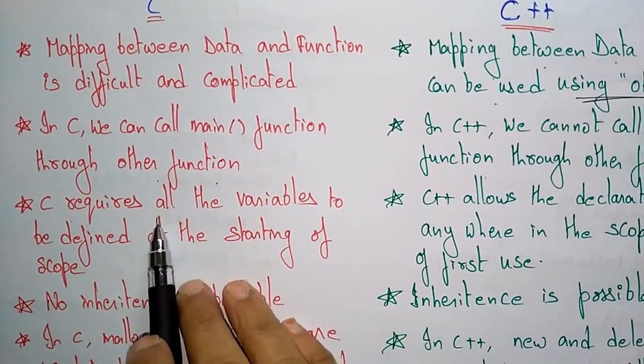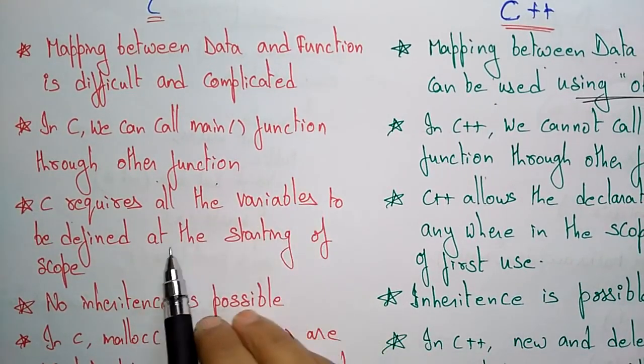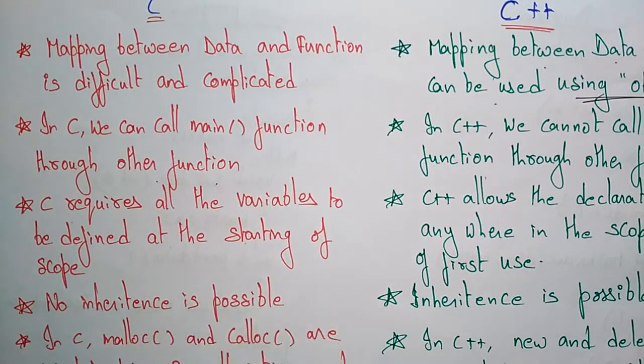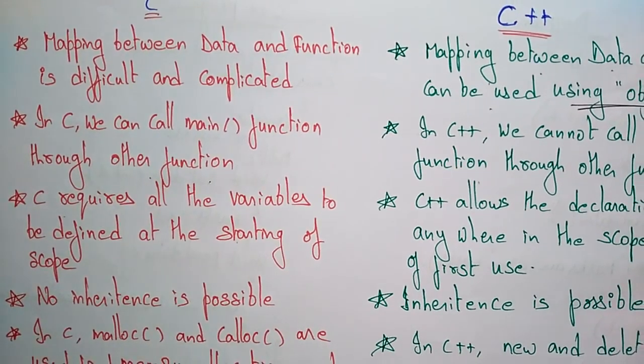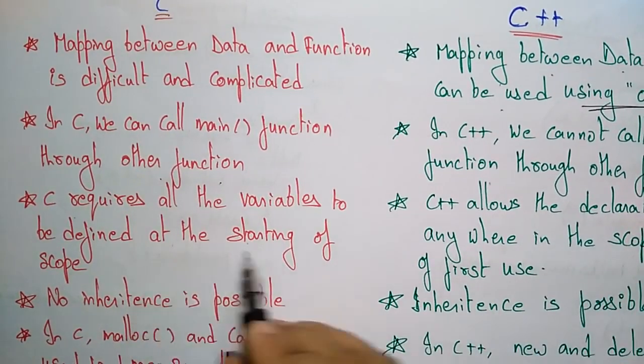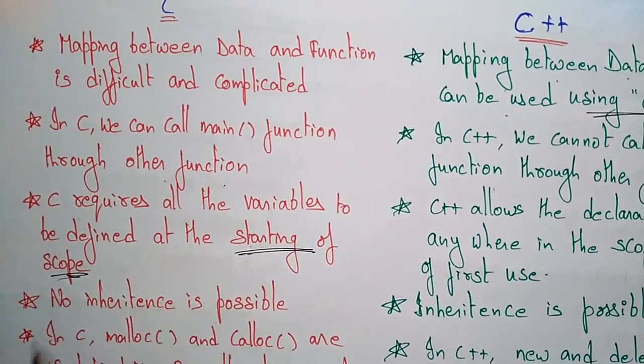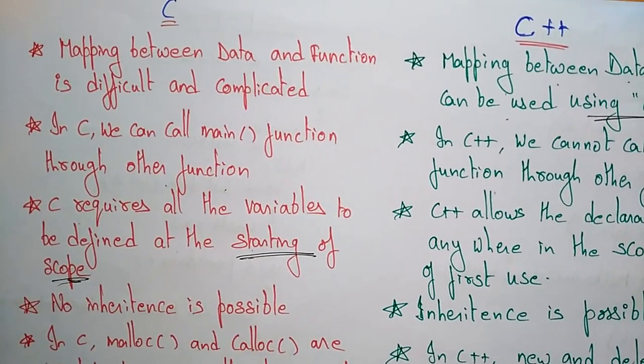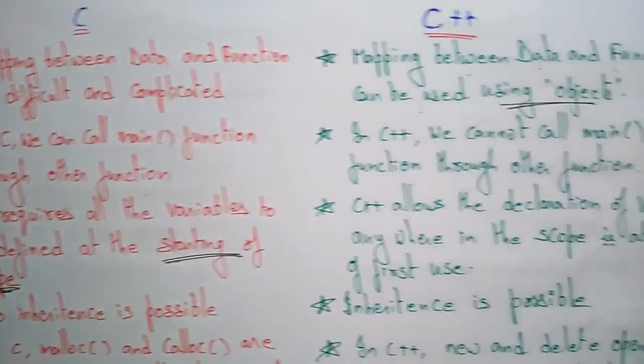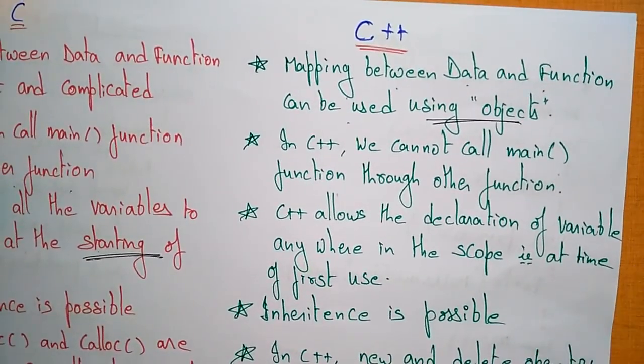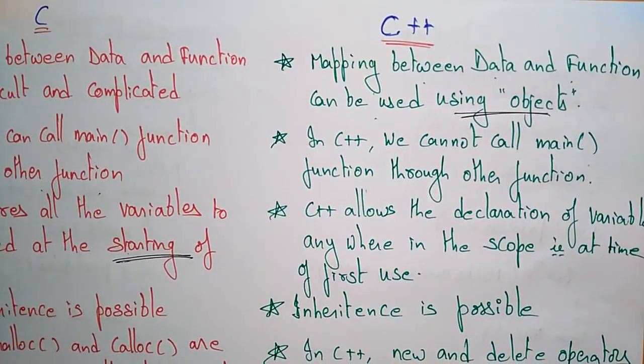Next, C requires all the variables to be defined at the starting of the scope. So if you want to use variables, you have to declare them and initialize their values at the starting of the program. Whereas in C++, you can declare variables at the time of first use.